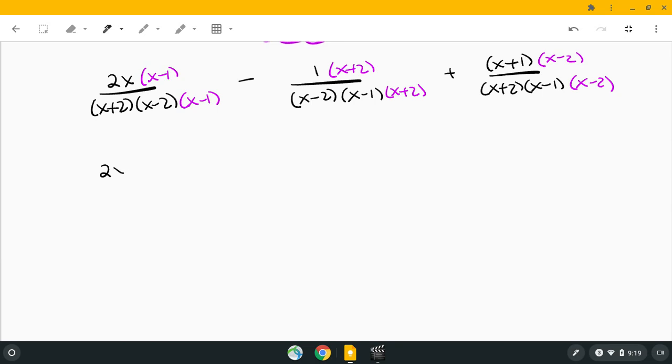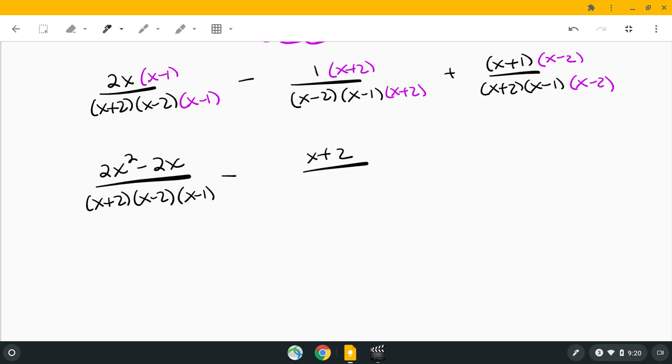2x squared minus 2x. I'm just going to write them all over the same denominator. Okay, and then over here, never mind. Okay, we have a lot of factors in this one. All right, minus, and that's just going to be an x plus 2.